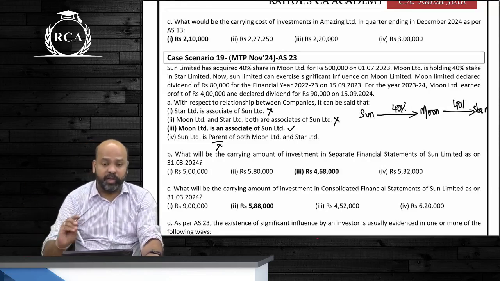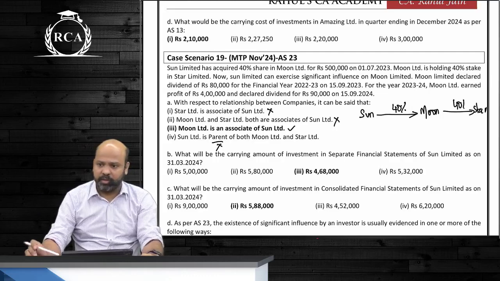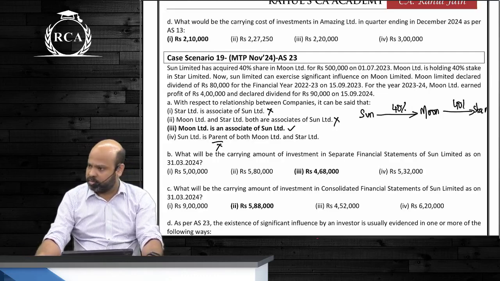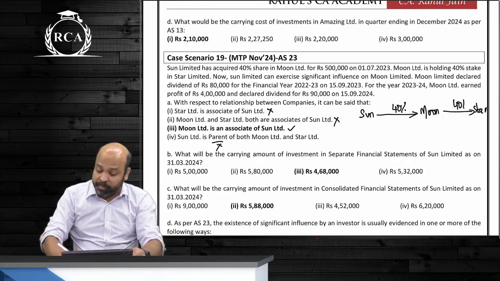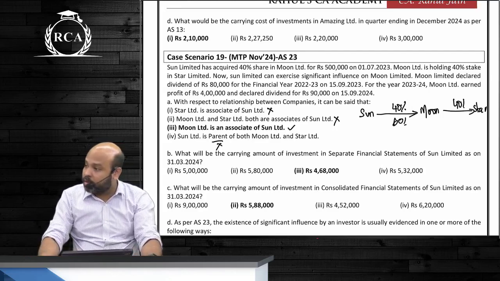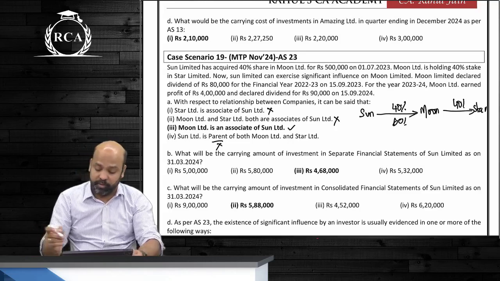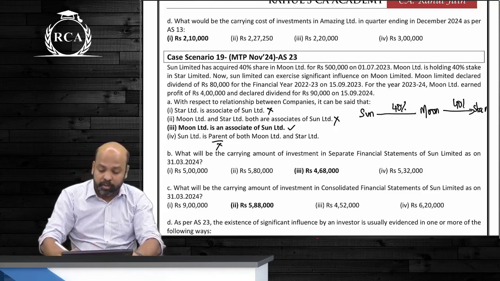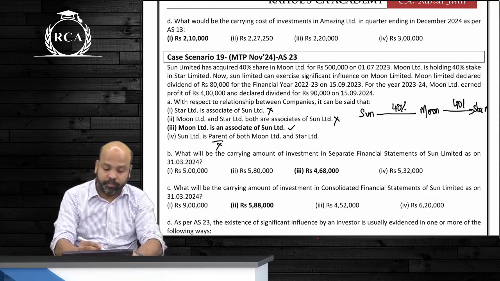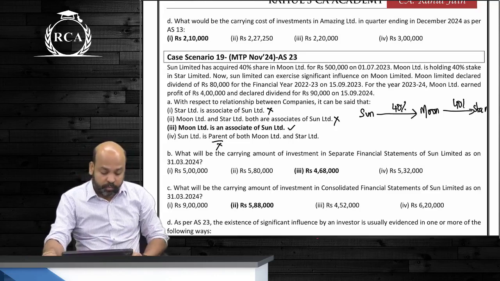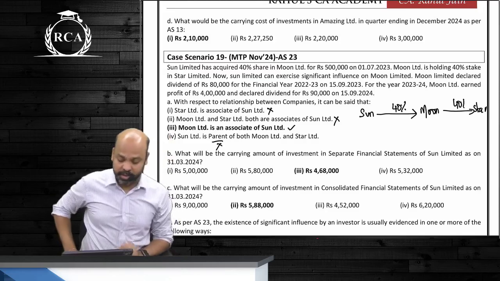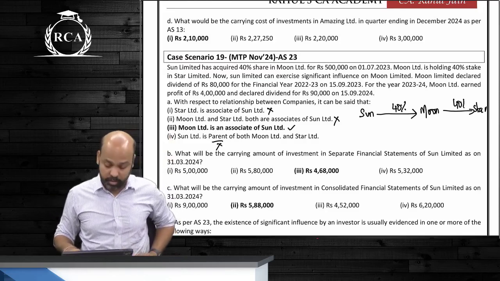An associate of an associate cannot be termed as an associate. If this had been 60% in Moon, then Star is an associate of Sun Limited. Had it been 60%, guys. So the only answer here, beta, is that Moon Limited is an associate of Sun Limited.